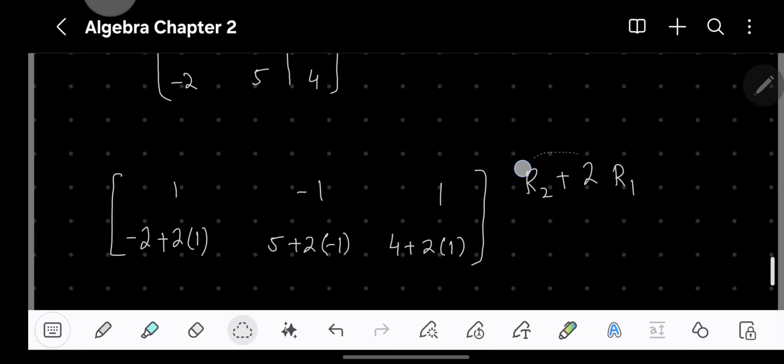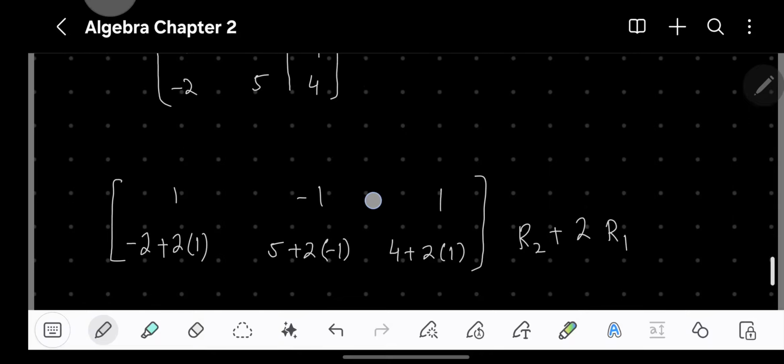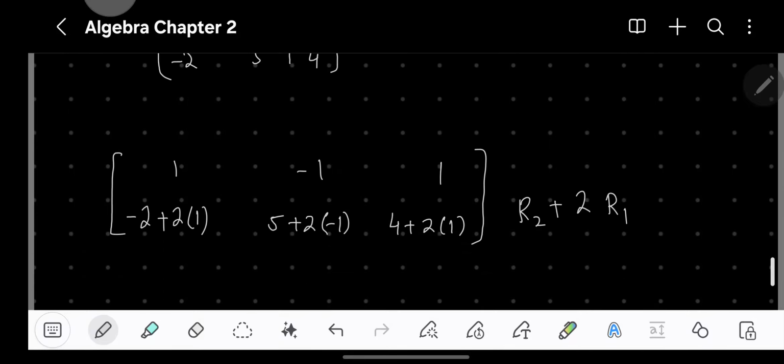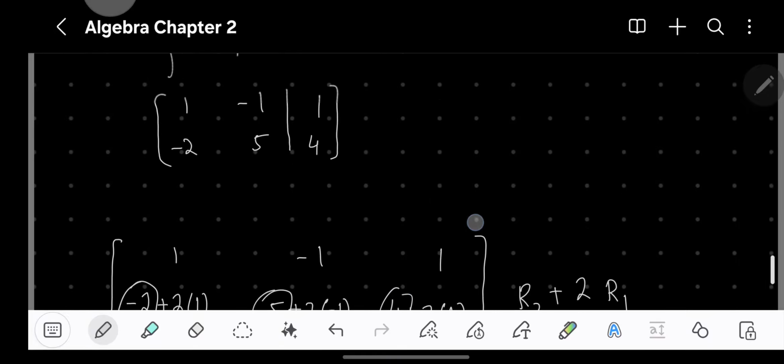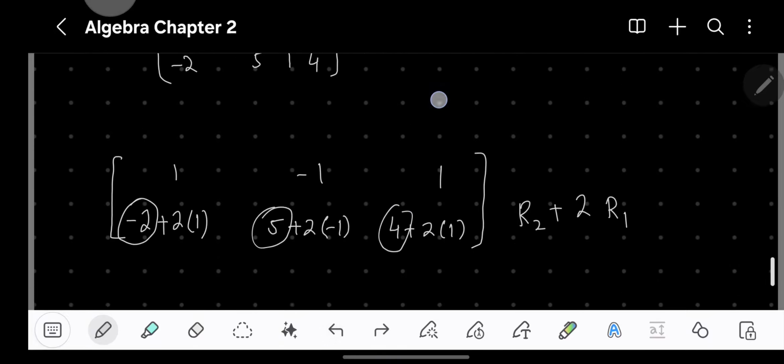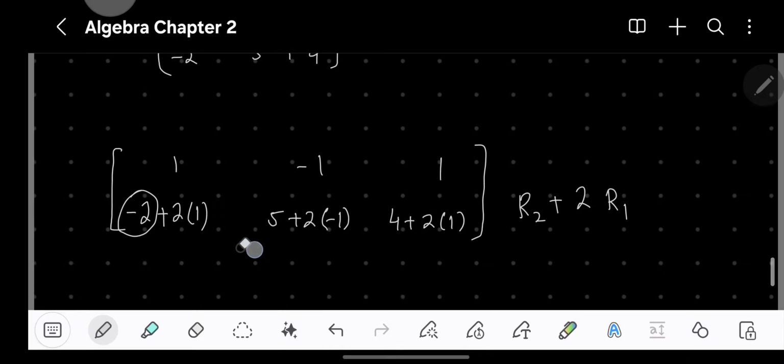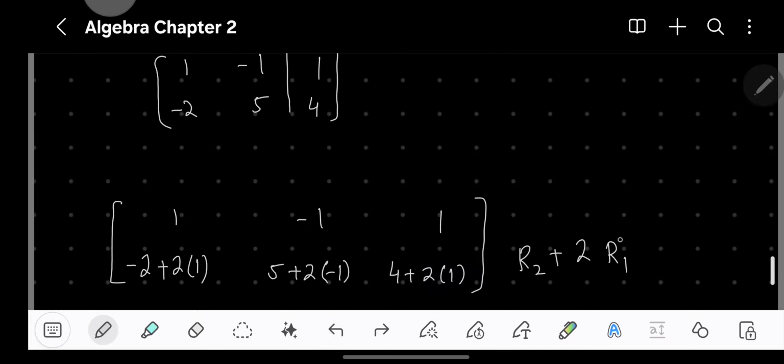Okay, so if I perform this operation, I will get this matrix. Okay, you can check. So the operation is R2. So here is R2, -2, 5 and 4. Because you can check -2, 5 and 4 is R2. I have written R2 first. And then I had to write R2 plus 2, so I have written +2 everywhere. And then 2 times R1.